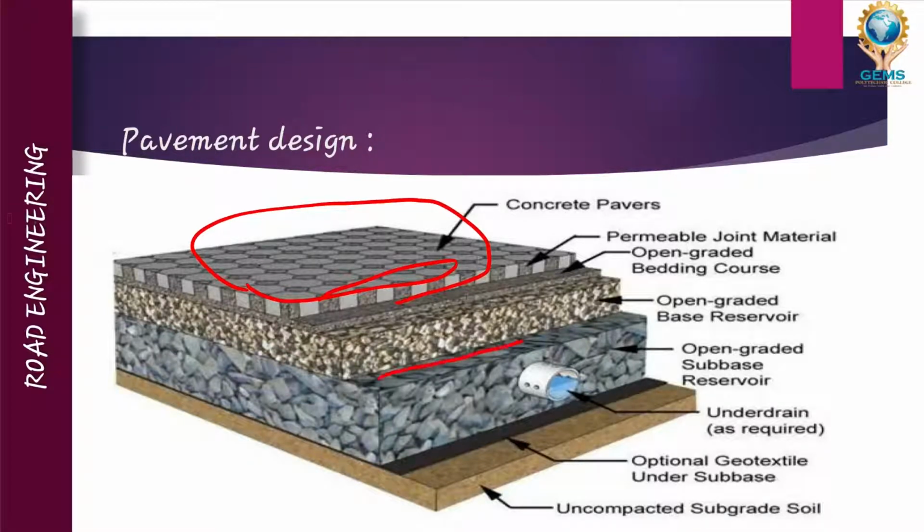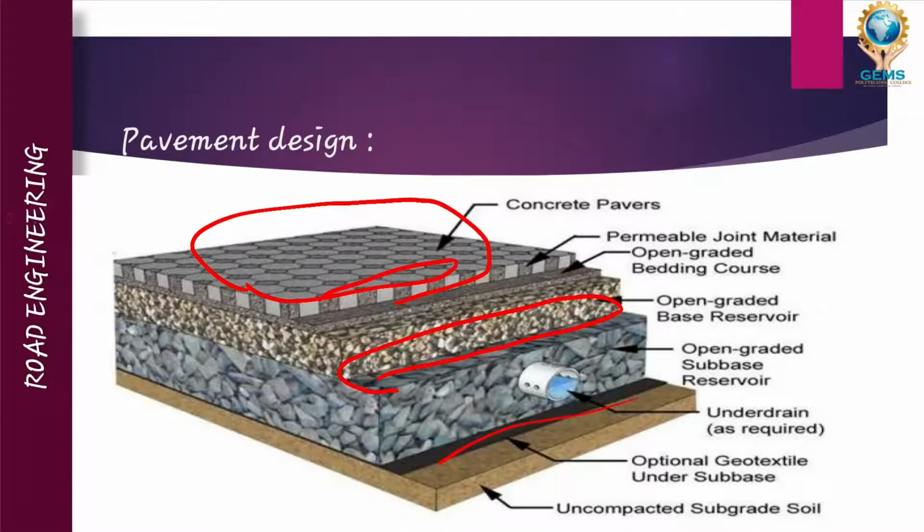Here the metals or aggregates are provided for carrying the load capacity of the road. Then open graded sub base reservoir. Here we can give a pipe or underdrainage pipe for draining the water from the road, and this is optional geotextile.